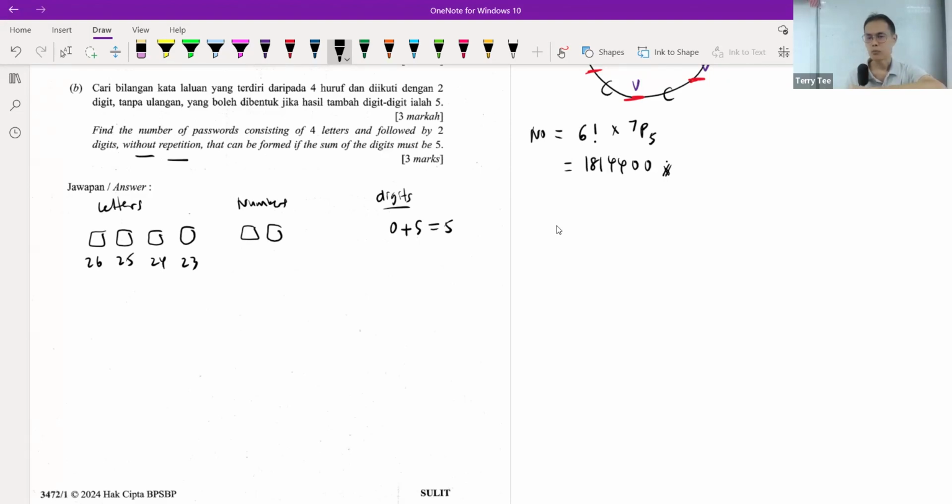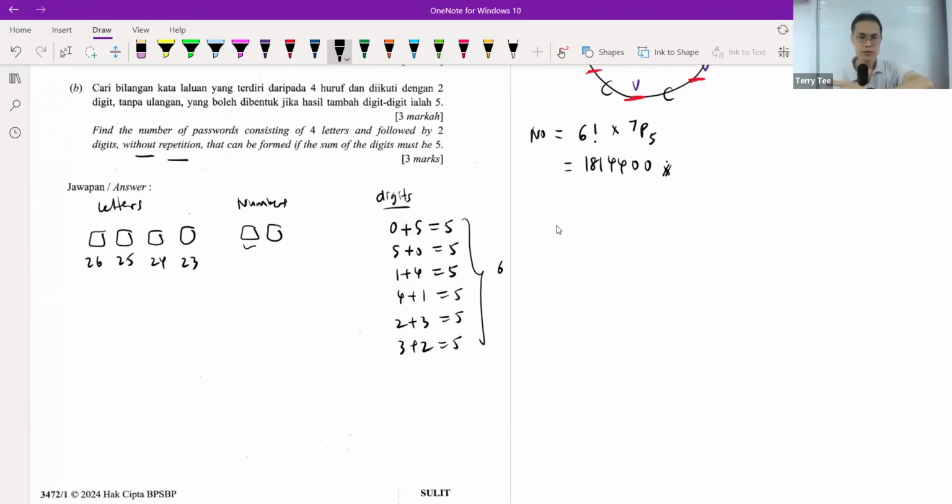We can also do 5 plus 0, just switch the order. Also 5. 1 plus 4 also gives us 5, 4 plus 1 also gives us 5, 2 plus 3 also gives us 5, 3 plus 2 also gives us 5. So how many different ways? There are 6.